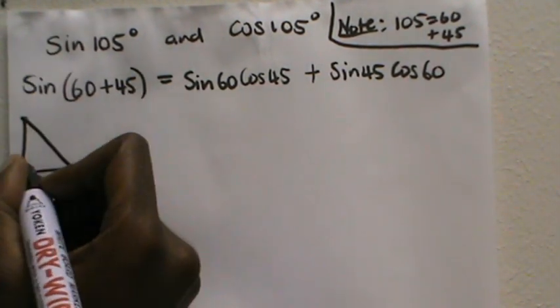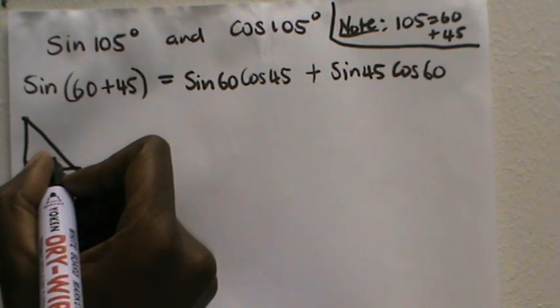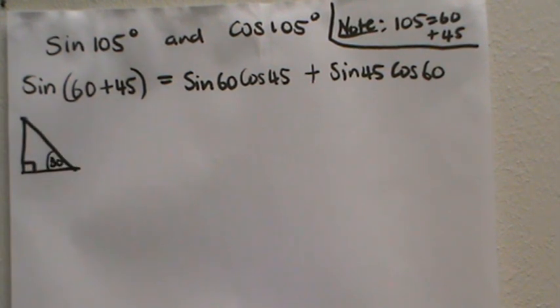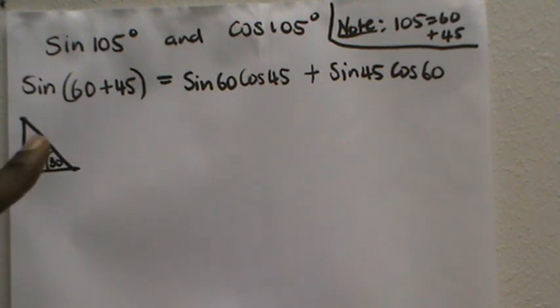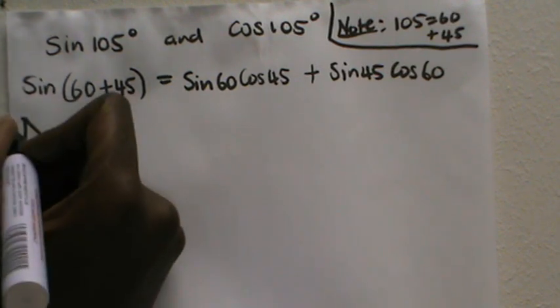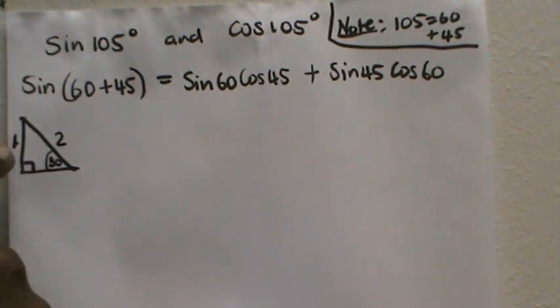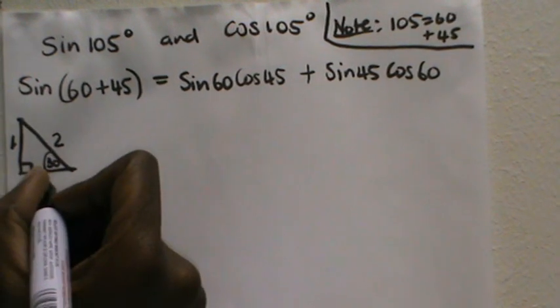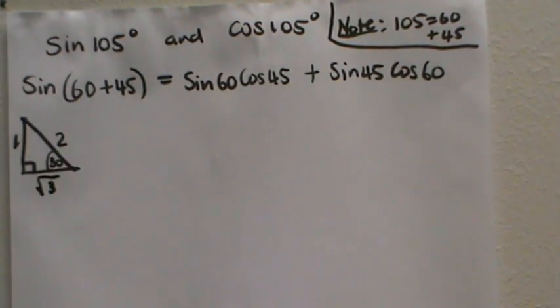So the first triangle I have, there is 30 over here. Now the only thing you need to remember with these triangles is that sine of 30 is half, and sine is opposite over the hypotenuse. So opposite over hypotenuse should make half. So it's 1 over 2. This side I have 3, and then I put it under square root.